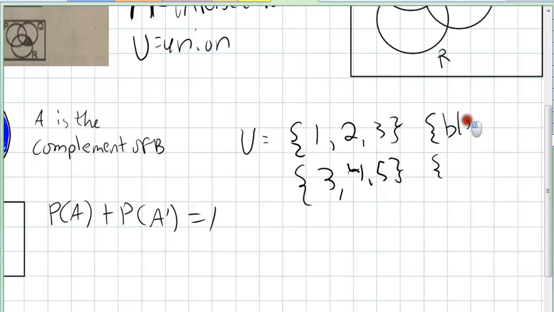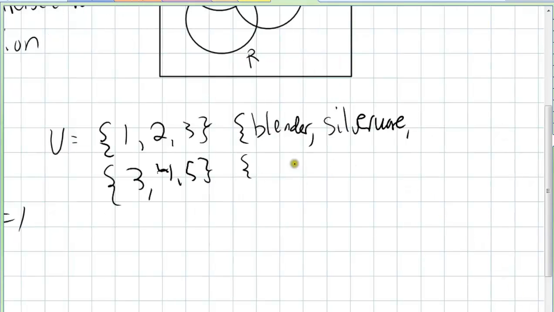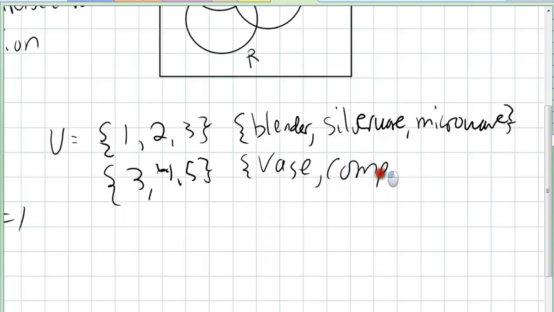One person has a blender, some silverware, and also a microwave. And the second person has a vase and a computer, and they also have a microwave.